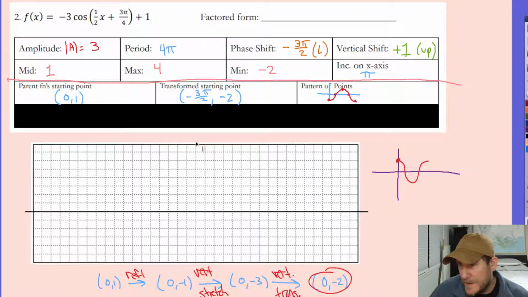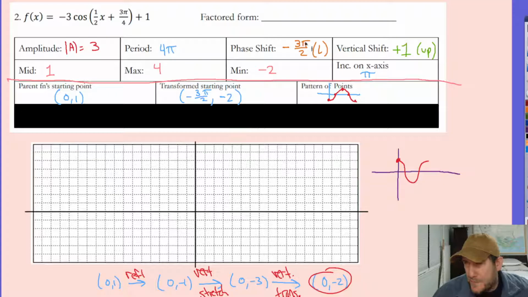The vertical axis can typically go square in the middle. Our phase shift is not a huge deal. No. I don't know, maybe it is.